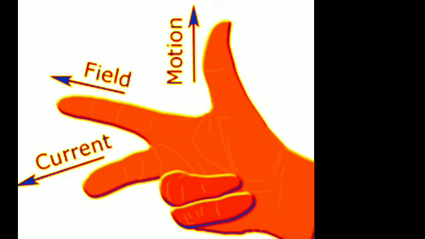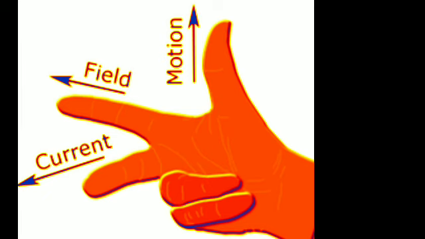In order to show the direction of the induced current, Fleming's right hand rule is useful. Stretch the thumb, the index finger and the middle finger in such a way that they will be perpendicular to each other.